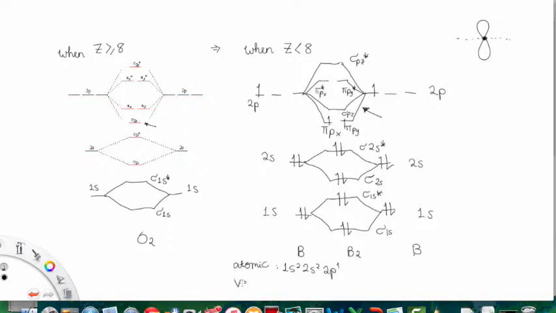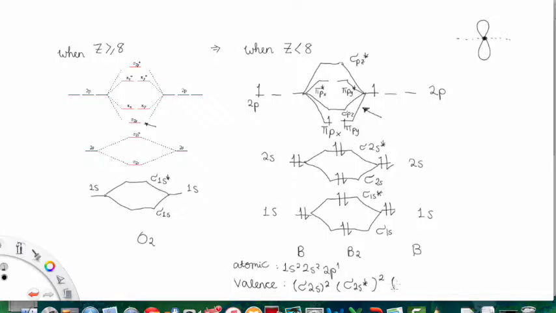Now when we write out the valence electron configuration, or all the electrons that are involved in bonding, we're going to write it out as sigma 2s2, which is this one right here, and then sigma 2s antibonding, which is right here.